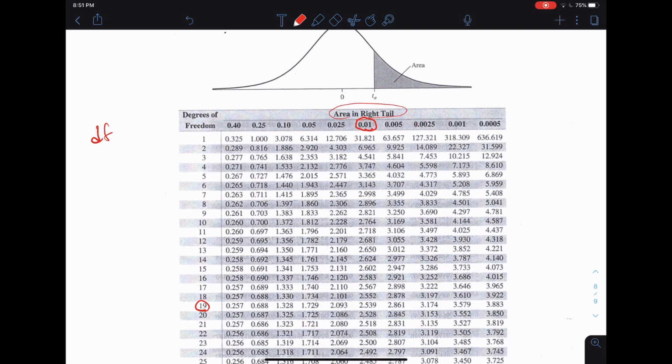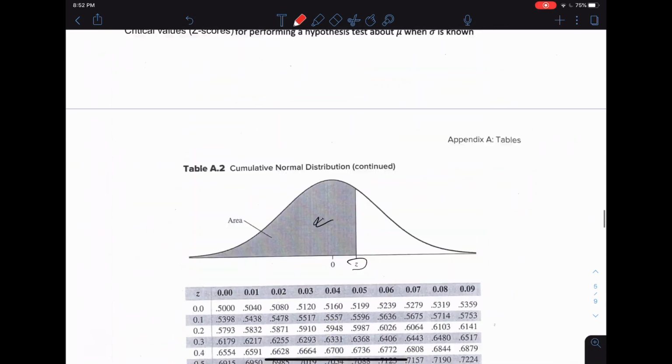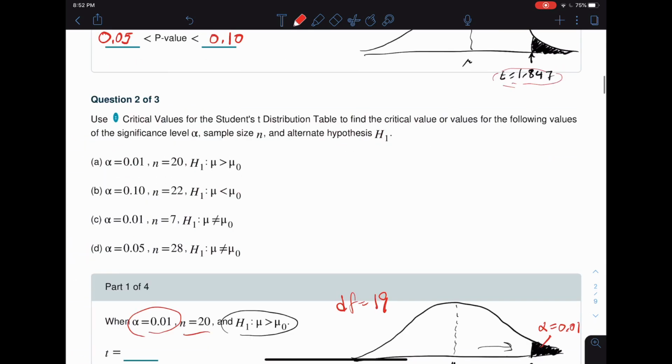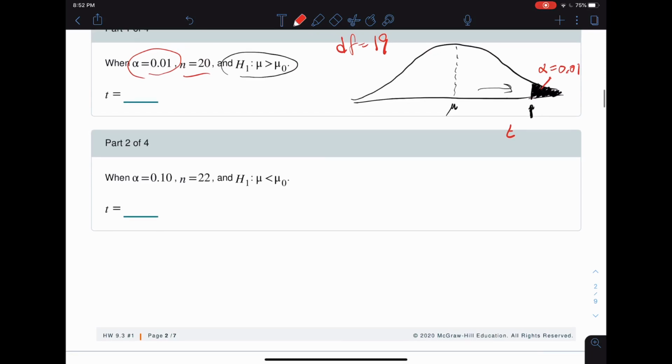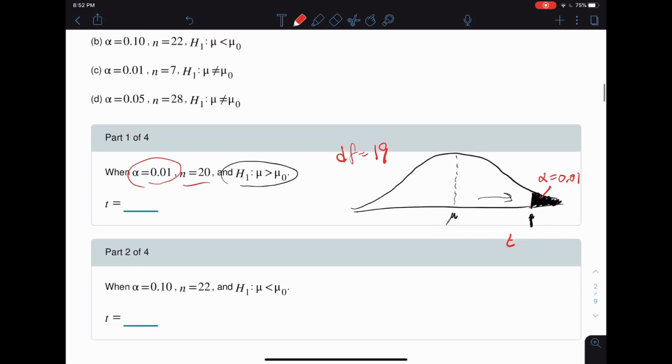That's the alpha, 0.01. So what t-value goes with that? Well, it's actually very accurate, unlike going the other way. This way is really accurate, and I see that my t-value is 2.539. And that's the critical value. 2.539. That's what we just found right there.